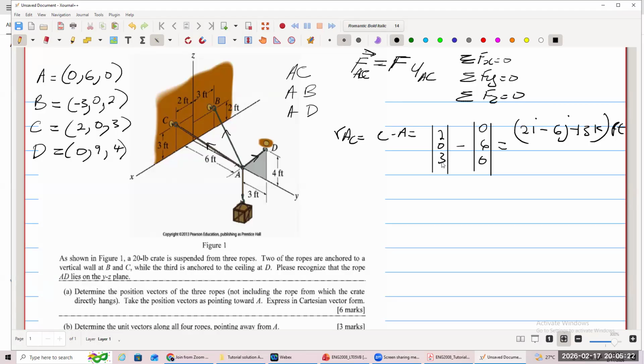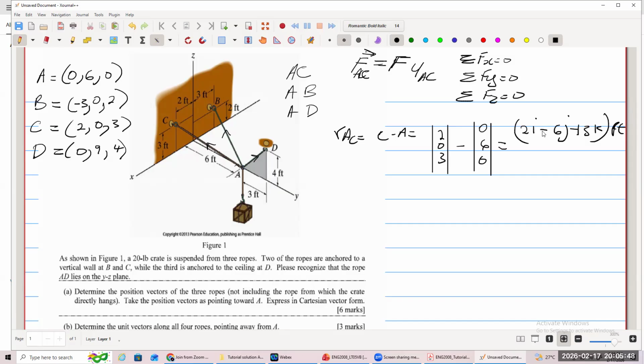Let's check A. Is it plus 2 or minus 2? Sir, they said to A, sir. You have A to C, sir. They say pointing towards A.